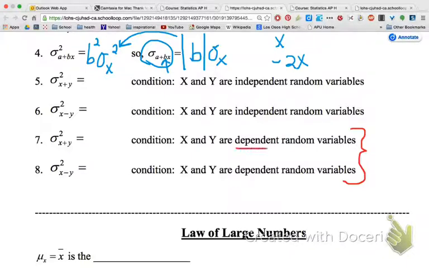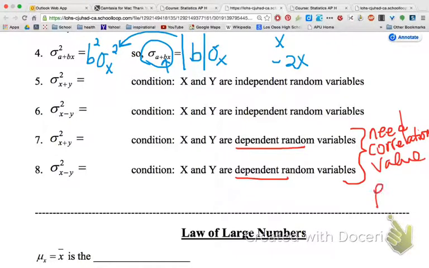But if the variables are dependent, we need their correlation value, and that has another fancy Greek letter called rho, which looks like a P. Because the formula then takes into account their dependence.